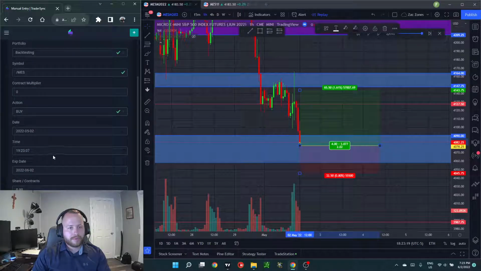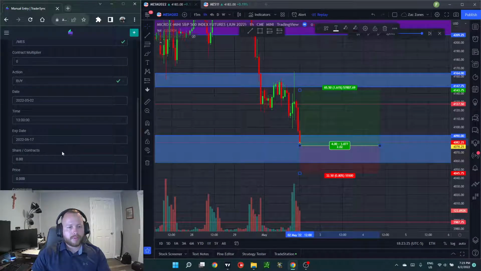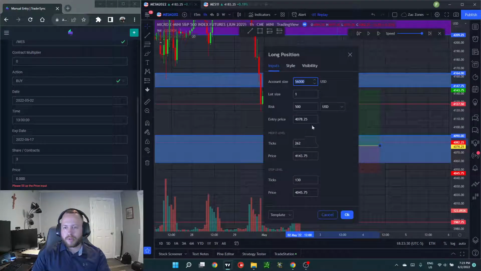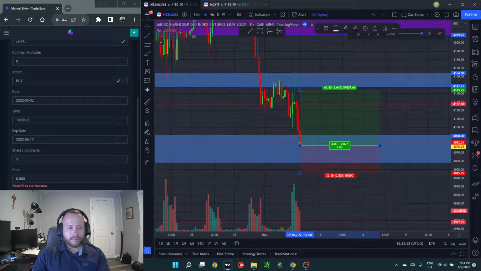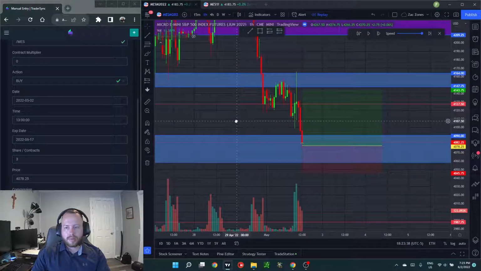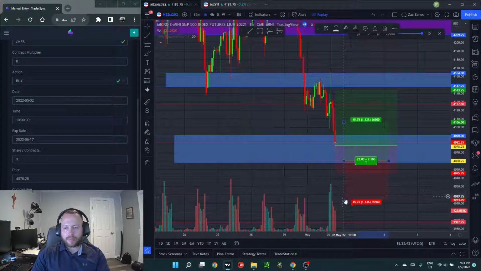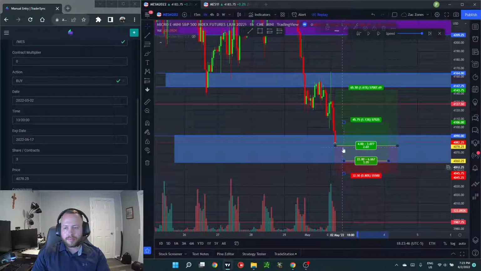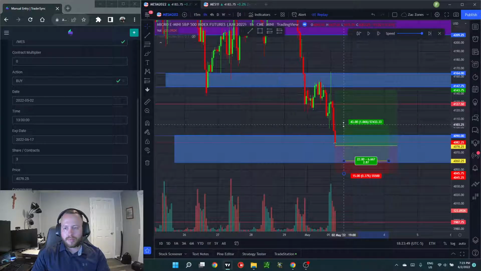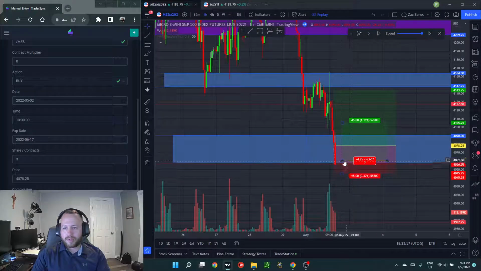Oops, at 1300. 17th is the expiration, and we're buying 3 contracts right there for a price of 40.7825. Okay. And so type 2, I would just have to play that one super close. And so my 3-to-1 would be right there. If we get filled, we get filled.